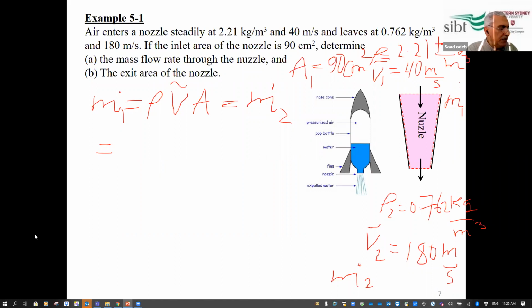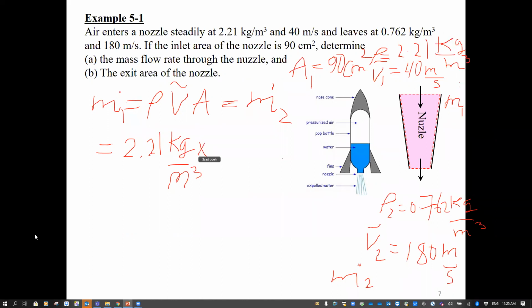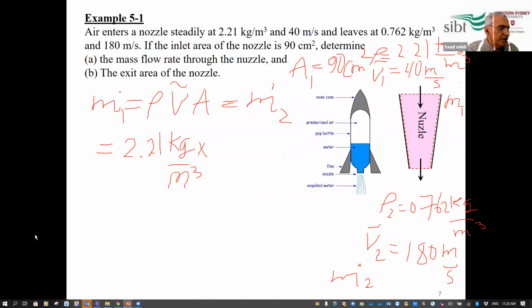So if I take the density of the inlet, we said the density of the inlet is 2.21 kilogram per cubic meter. Okay, what else? And the velocity is 40 meter per second. Correct.